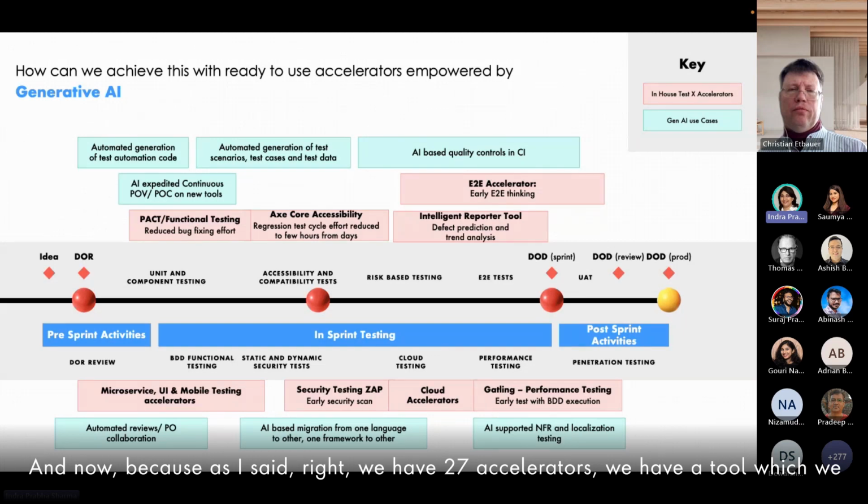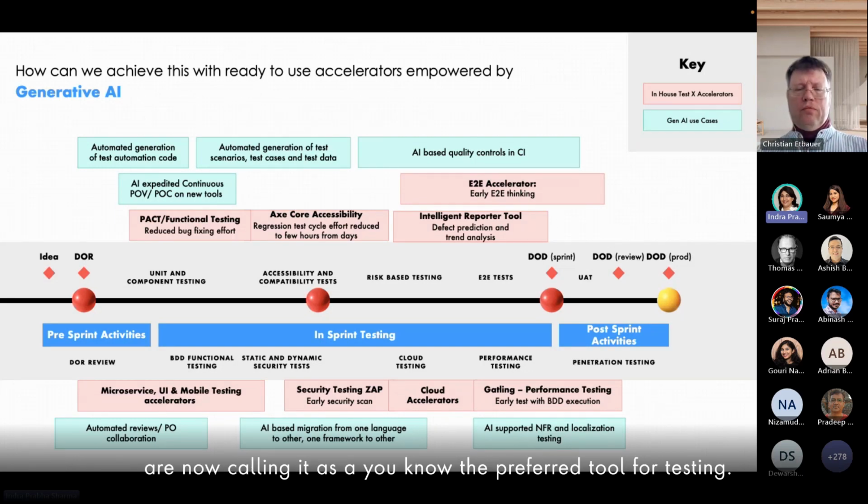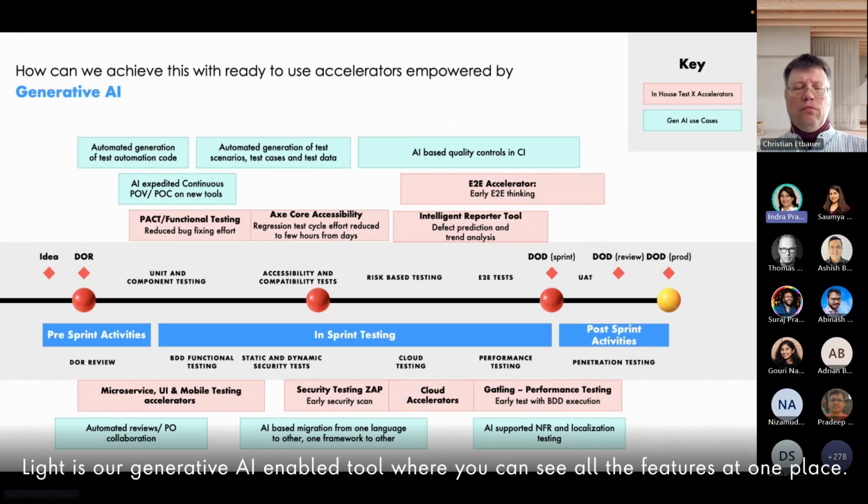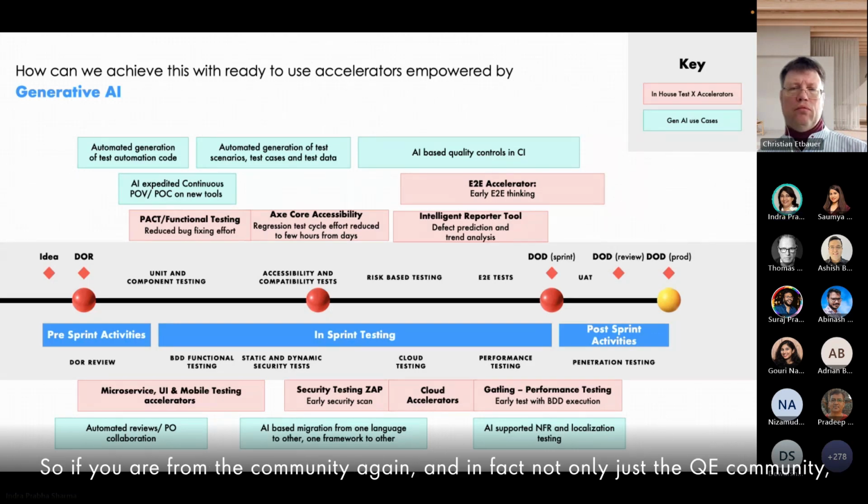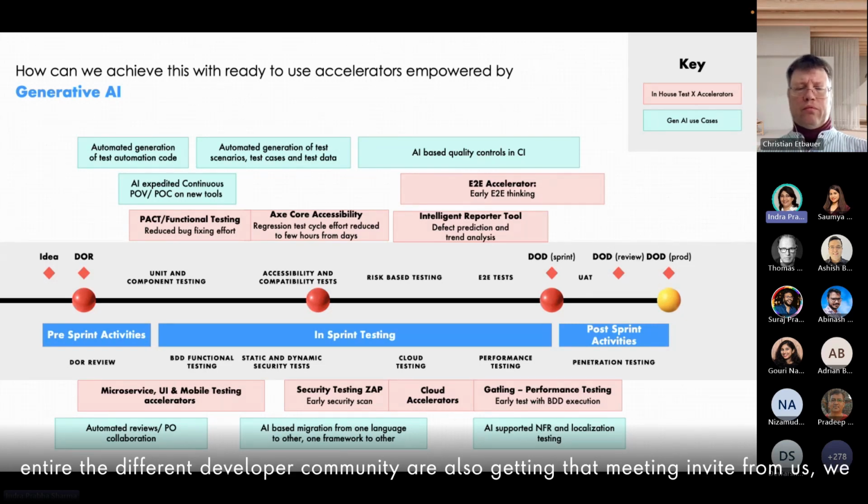And now, as I said, we have 27 accelerators. We have a tool which we are now calling the preferred tool for testing. It is Catslide. Catslide is our generative AI enabled tool where you can see all the features in one place. So if you are from the community again, and in fact not only the QE community, the entire developer community is also getting that meeting invite from us.